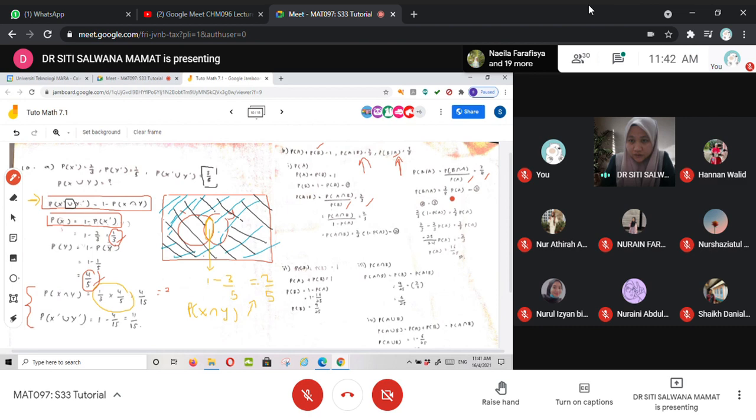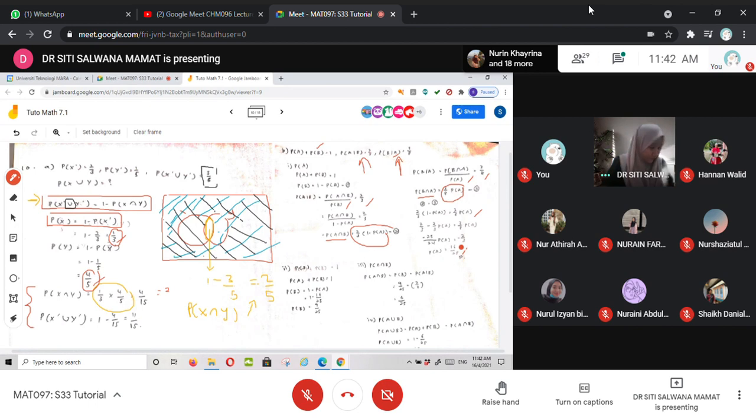Okay, so you solve this simultaneously. Probability of A intersect B, yang ni sama je lah dengan probability of B intersect A. Yang ni dengan ni sama je, but then you samakan these two equation. Okay, this part dengan this. So you dapat ni, and then lastly we got P of A equal to berapa ni?